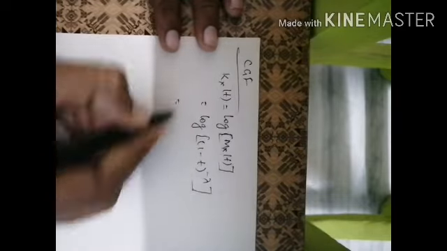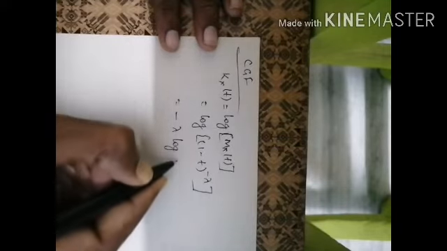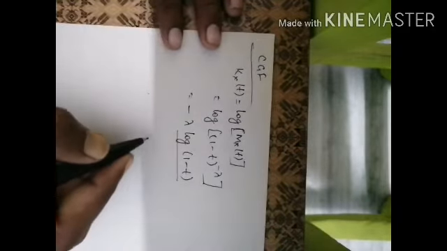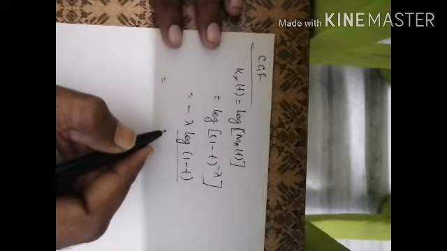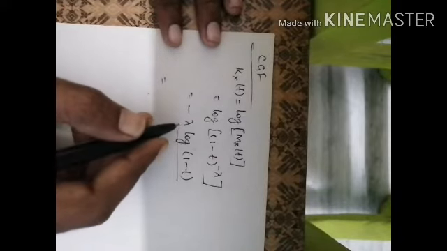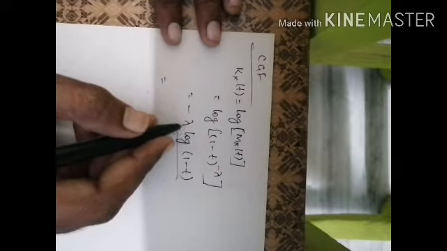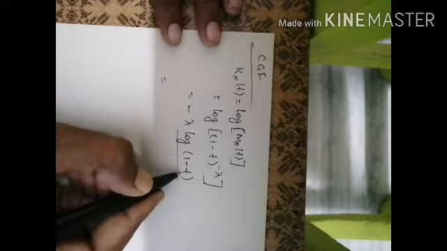Log x to the power of n means n times log x, so minus lambda times log of (1 minus t). So here we use the log(1 minus x) formula. What is the log(1 minus x) formula? It is minus x minus x square by 2 minus x cube by 3 minus x power 4 by 4, and so on, right? In place of x here we have t.